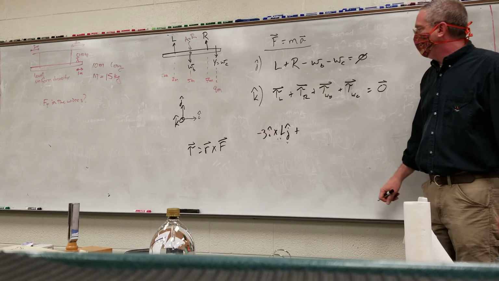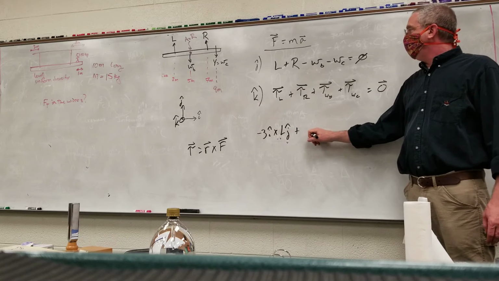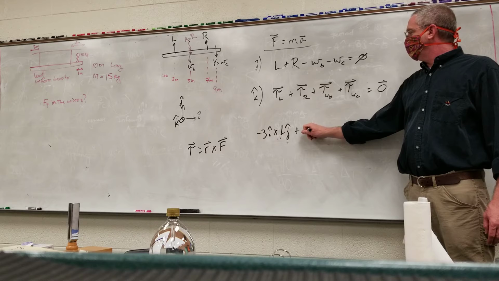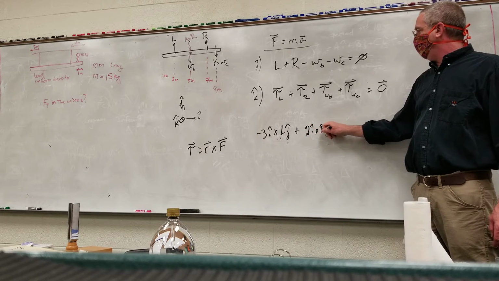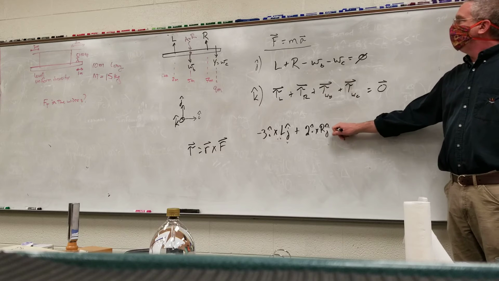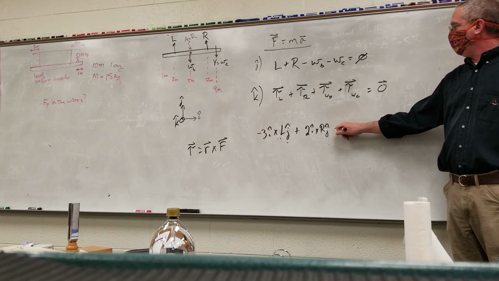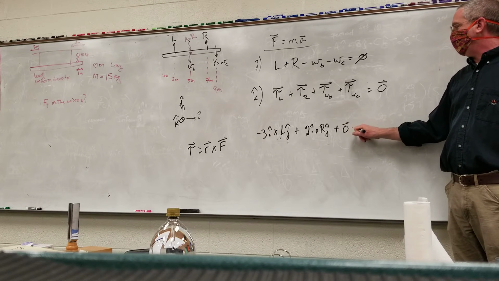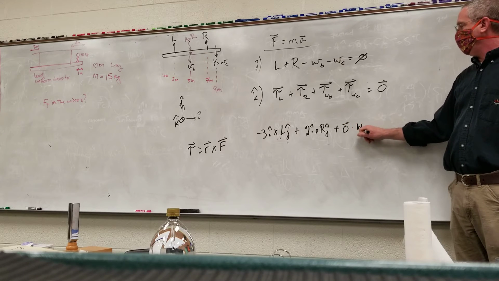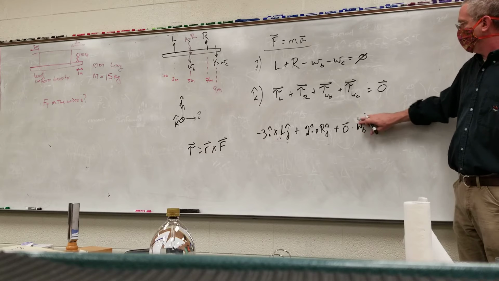plus the right side is 2 I hat cross R J hat. The middle one, the weight of B is 0 cross weight of B. Let's do it this way.